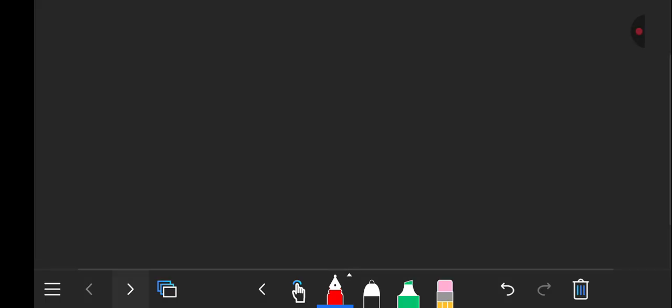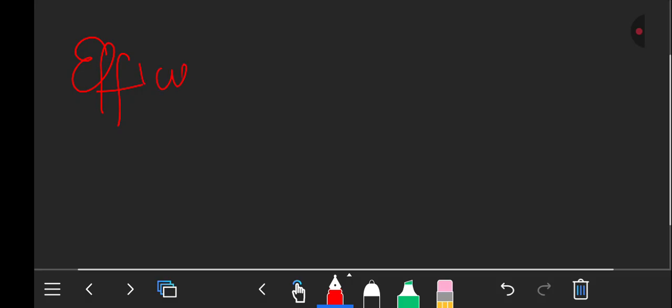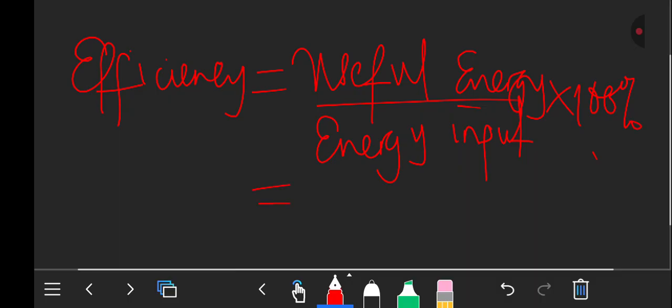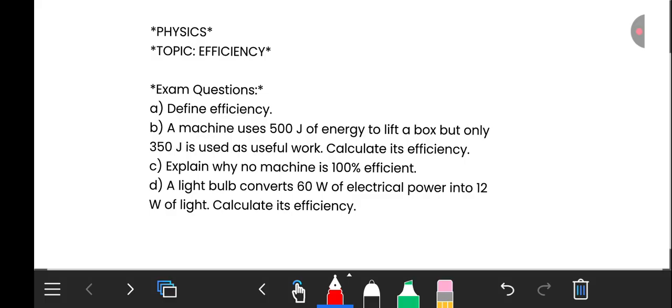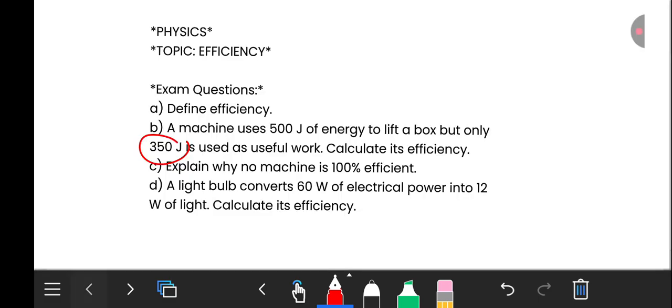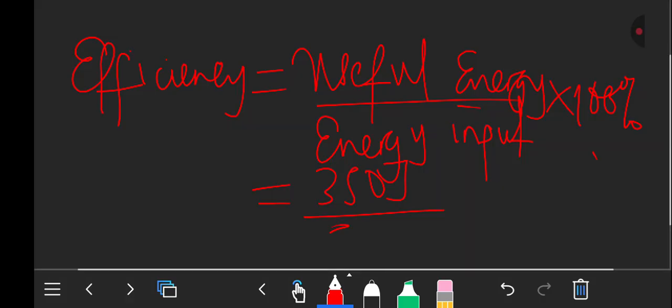So efficiency will be equal to the useful energy output over energy input, multiplied by 100%. The useful energy is 350 joules, divided by the energy input, which is 500 joules, then we multiply by 100%.